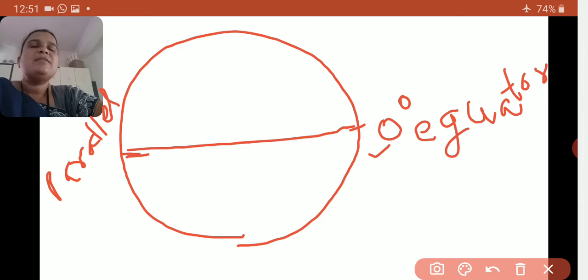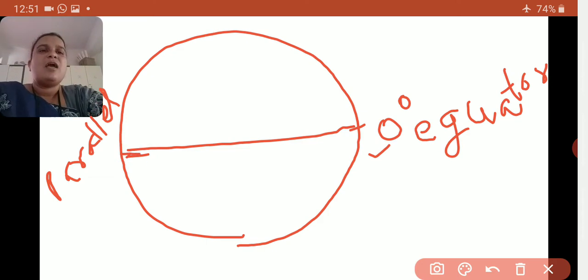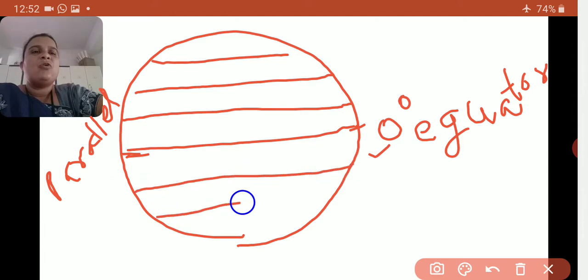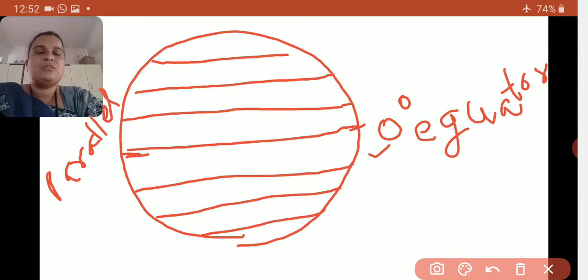These parallel lines are imaginary lines and this equator divides earth into two equal halves. There are other parallel lines, other imaginary lines on the globe. These parallel or horizontal lines are called latitudes.